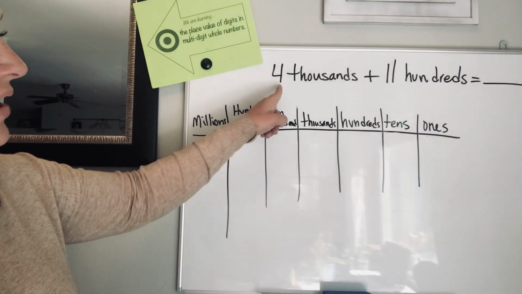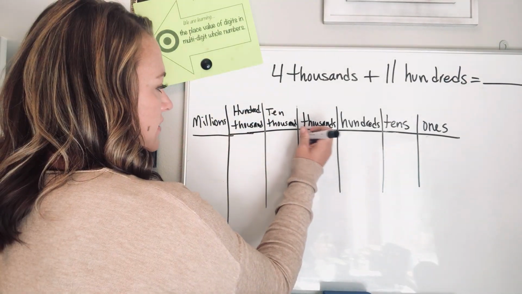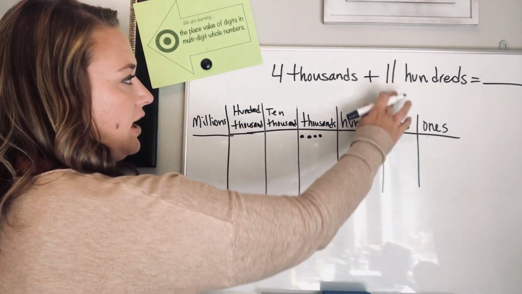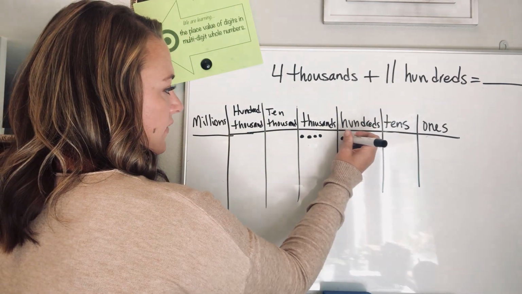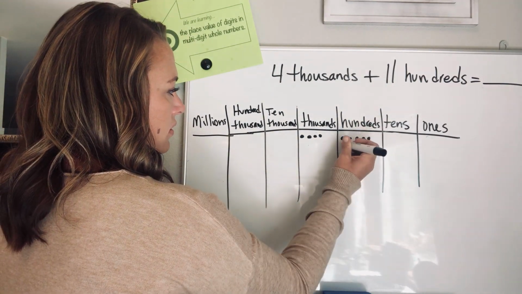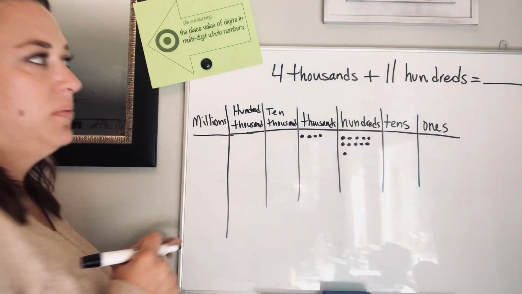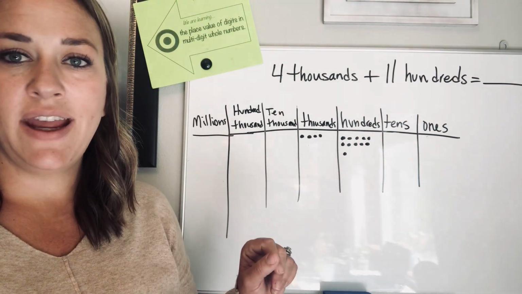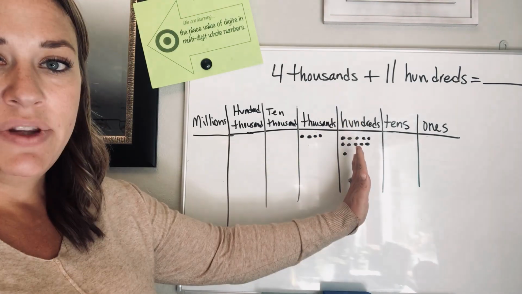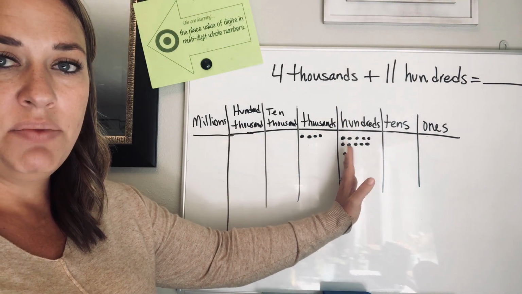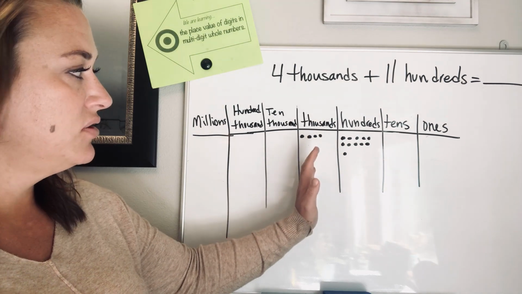Okay, so I have 4 thousands. I'm going to show those 4 thousands. I have 11 hundreds. I'm going to show 11. But what did we learn in lesson 1 and 2? If I have 10 in one place value, I can bundle those and move them over to my larger place value.